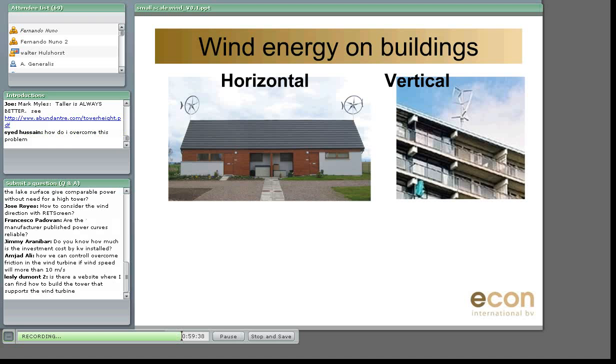So we have a question about how to build the tower that supports the wind turbine. Is there any website where we can find this kind of information? Well, in this briefing webinar, we didn't cover construction issues, particularly the tower.